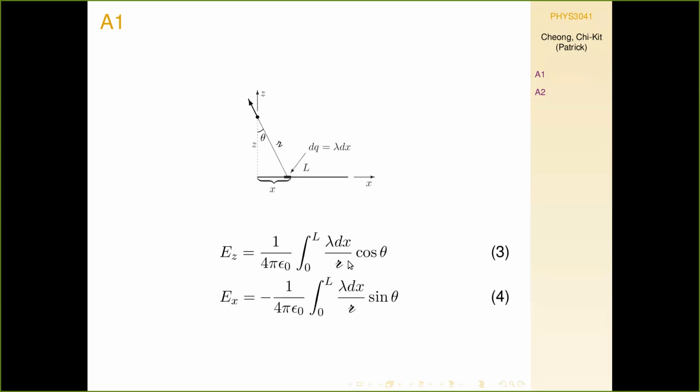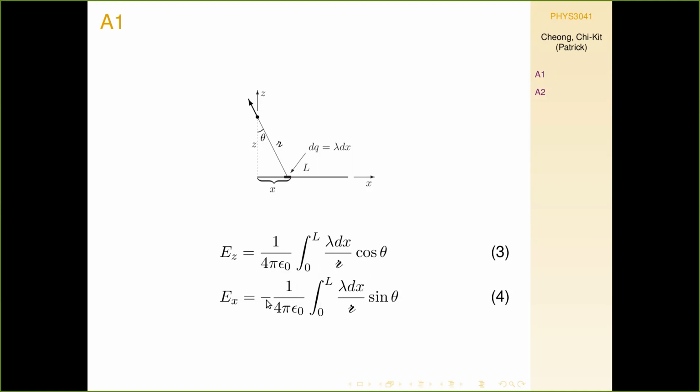So we split it into two equations, and from the configuration here, it is obvious that the z component of the electric field is the whole electric field times cosine theta. And of course, the x component is the same thing with sine theta.